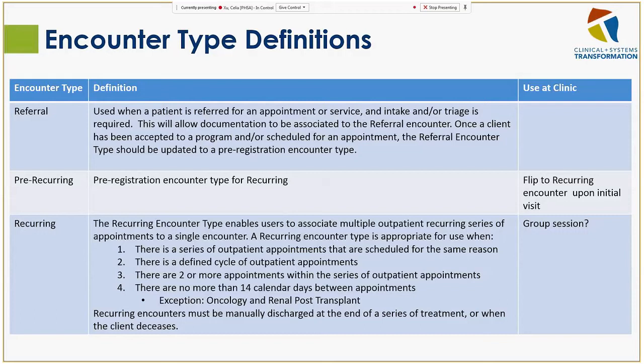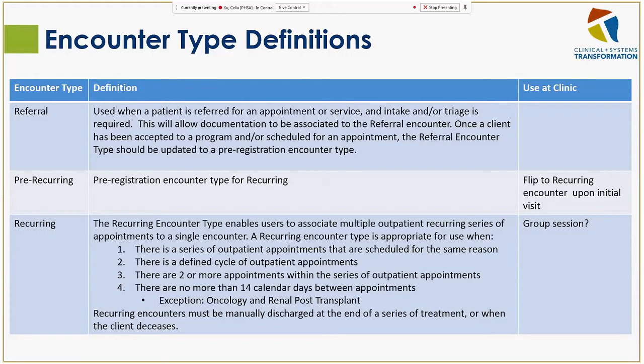There might be a series of sessions for groups, and there's also ongoing music therapy right now, twice a week. Okay. Because those group sessions meet the recurring encounter type requirements, it is okay for you to use the recurring encounter type for those.